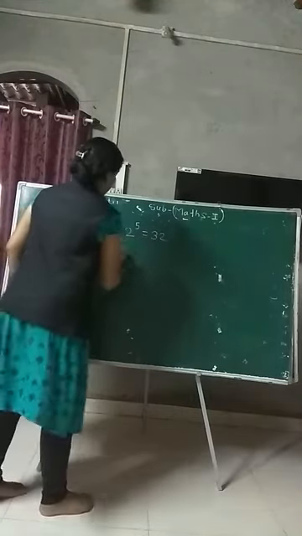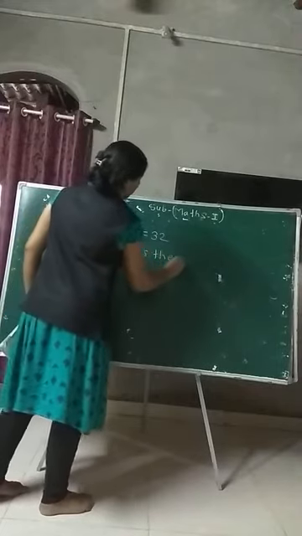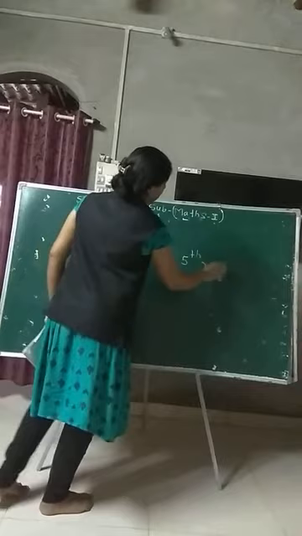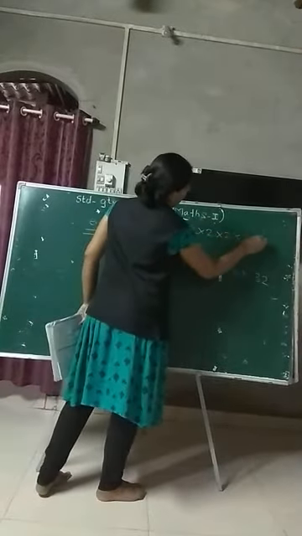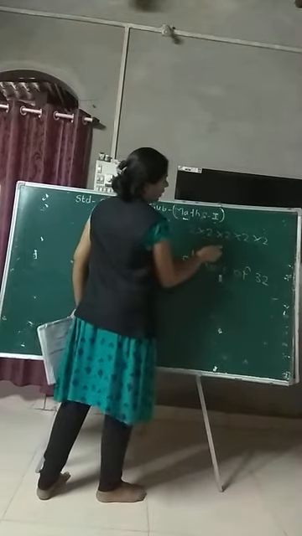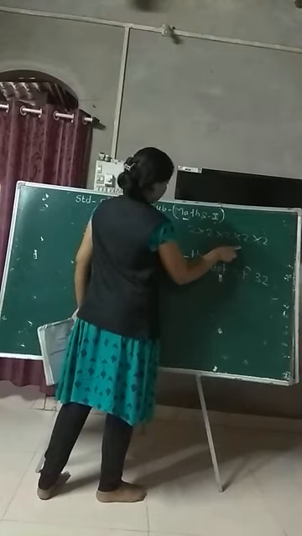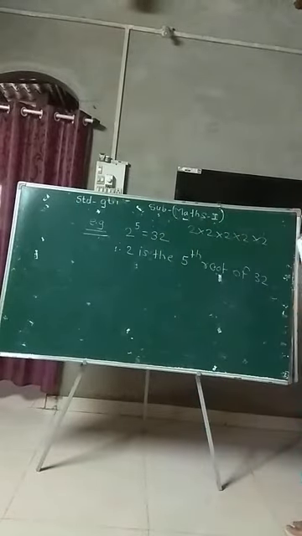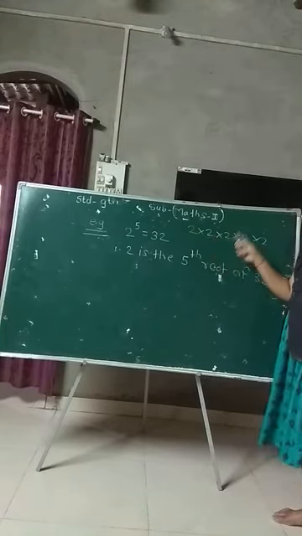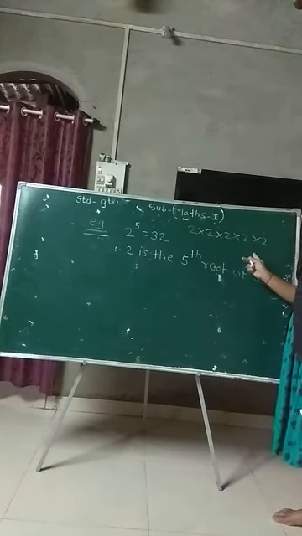Therefore, 2 is the fifth root of 32, because we multiply 1, 2, 3, 4 and 5 times: 2 2s are 4, 4 2s are 8, 8 2s are 16, 16 2s are 32.